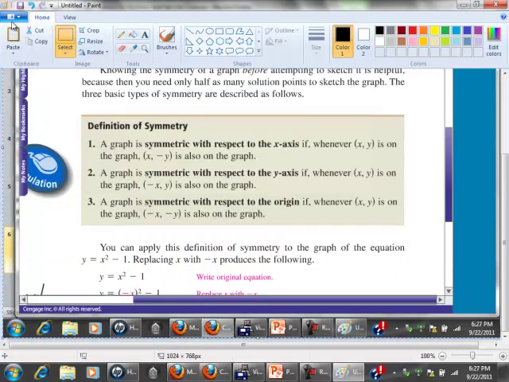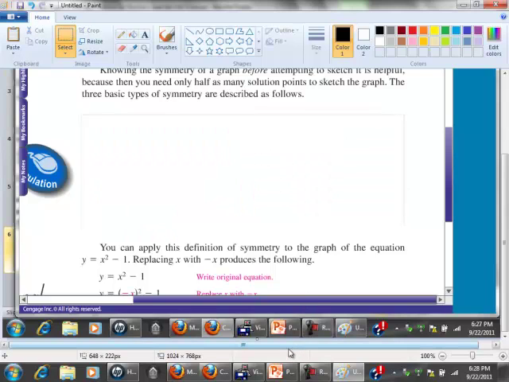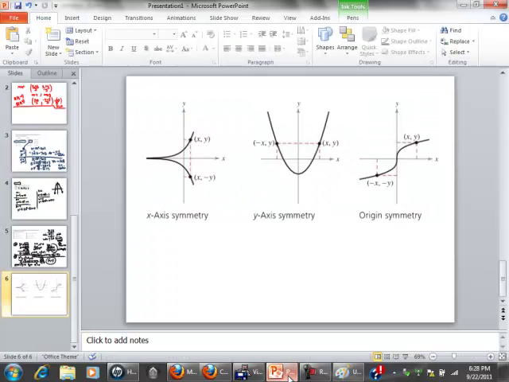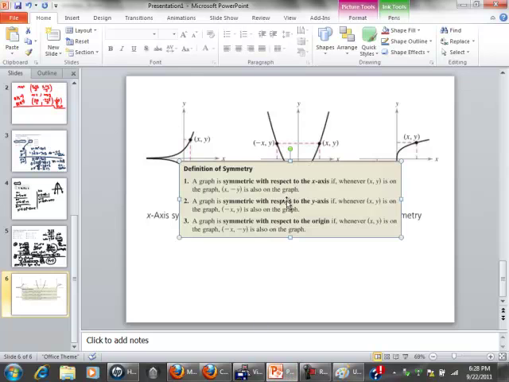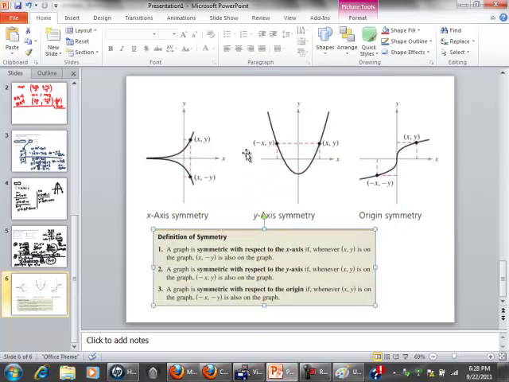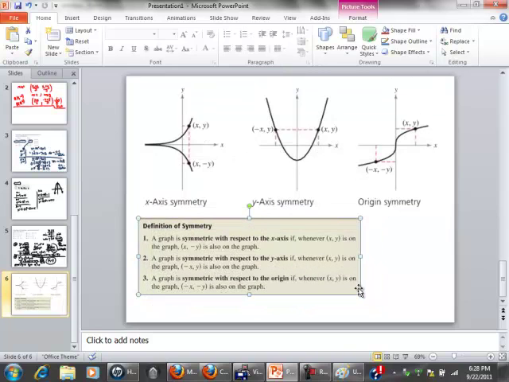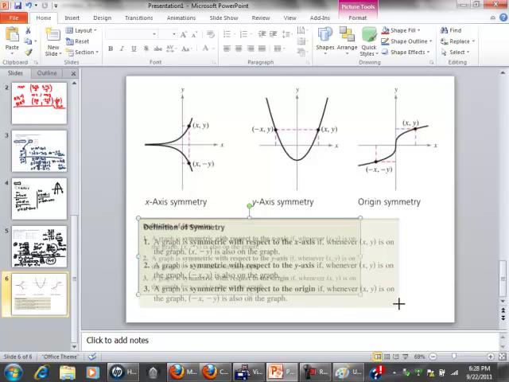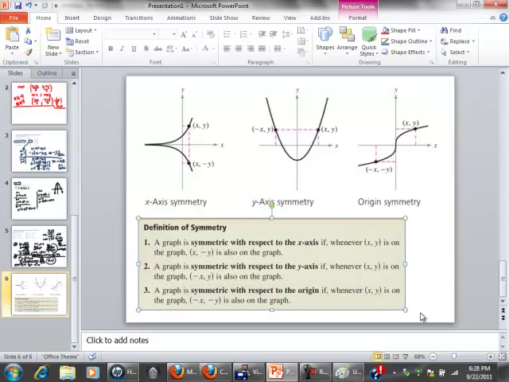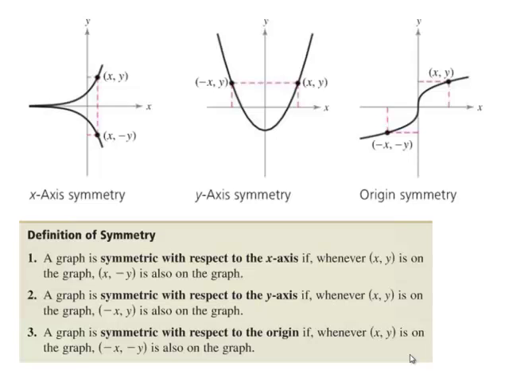So we said you're flipping across the x-axis. If you're flipping about the x-axis, you're replacing y with minus y. Makes sense. Whatever's here on top is now coming down here on the bottom.